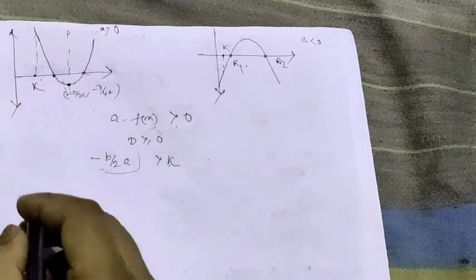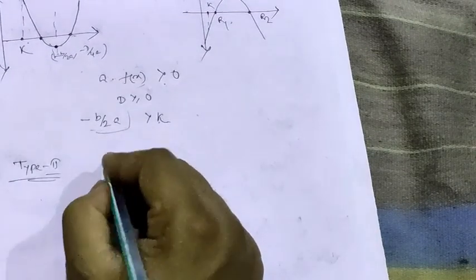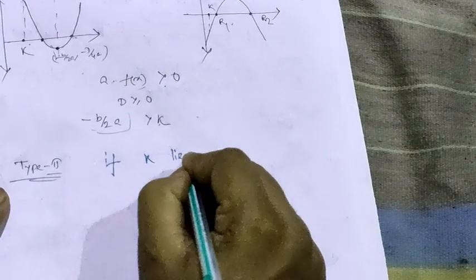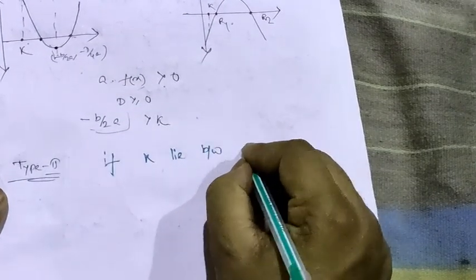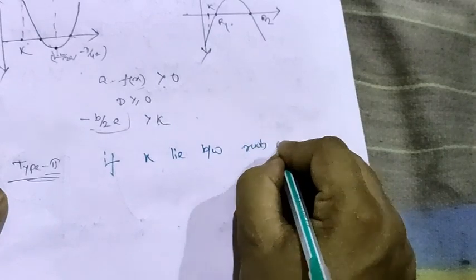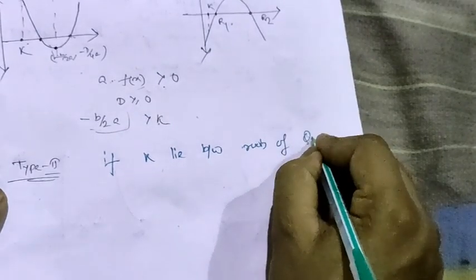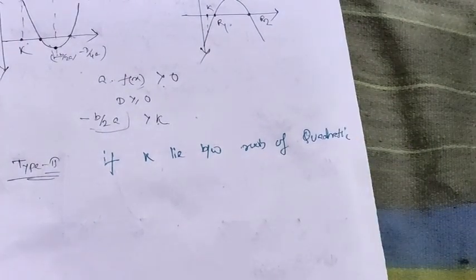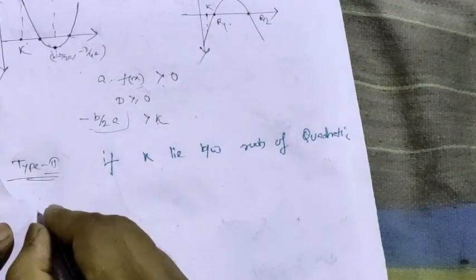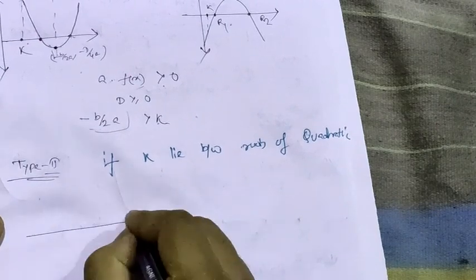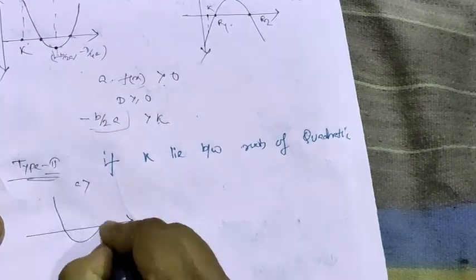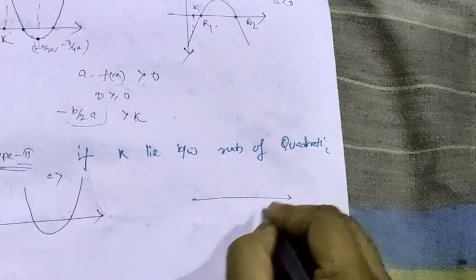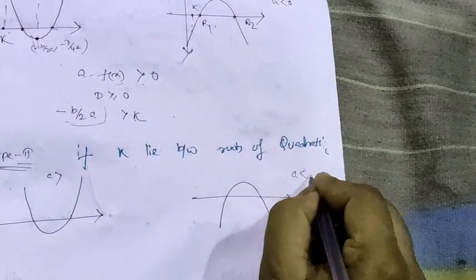In the second condition, that is type 2, k lies between the roots of the quadratic. In this type of question, I assume a greater than 0 for this type, and a less than 0 here.